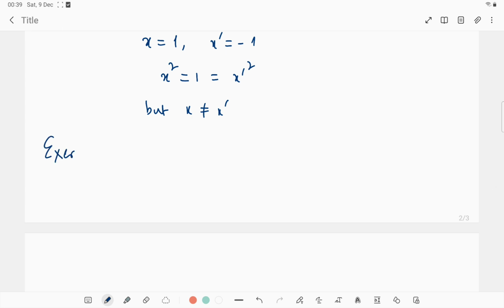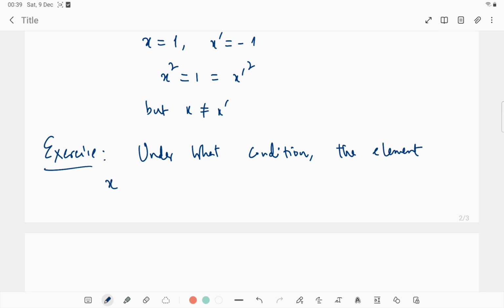Your exercise: under what condition would the element x be unique?